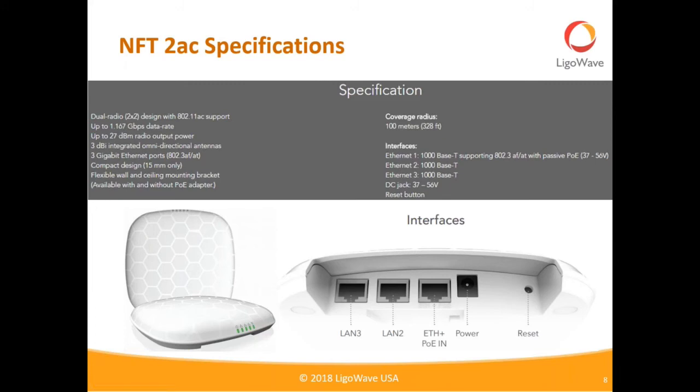When you're designing a network, however, you want to make sure that you are designing it for the client devices, because the AP at 27 dBm is kind of screaming. That's really, really loud in RF terminology.